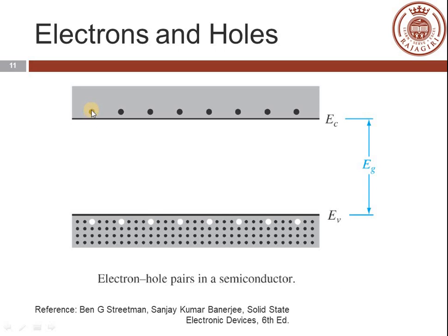So in the conduction band we now have electrons which came from the valence band, shown as black dots. And once electrons move from the valence band to the conduction band, we have empty spaces, which are denoted as white dots, otherwise called holes. So in a semiconductor, these electrons and holes are always created as pairs. That means once you move an electron from the valence band to the conduction band, there will be an electron in the conduction band, and correspondingly you have a vacant space or hole in the valence band.